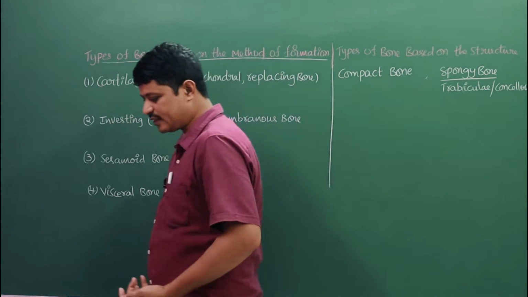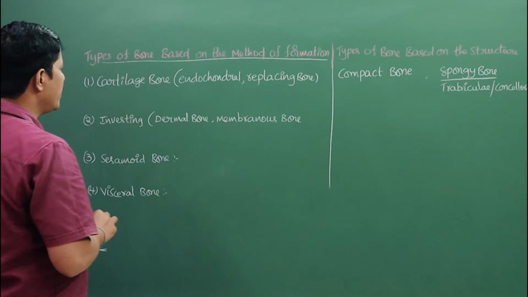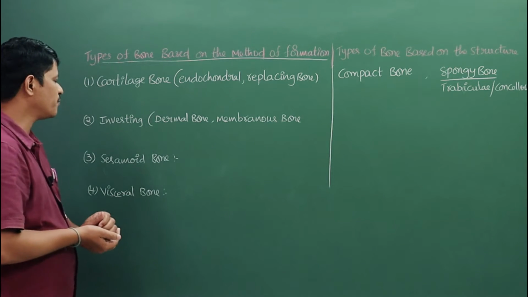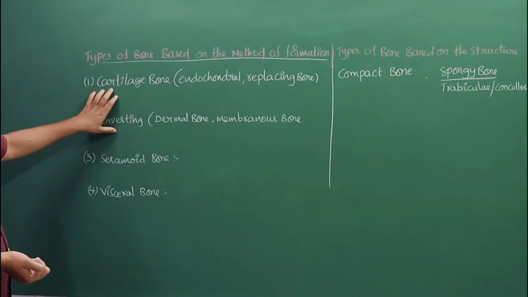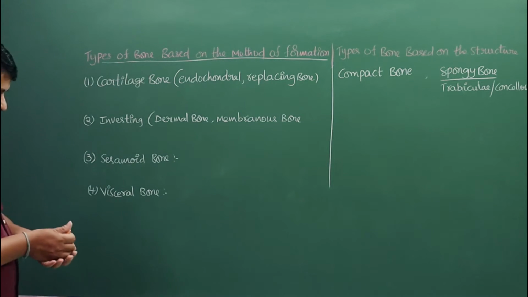So based on the method of formation, the bones are divided into four types: cartilaginous bones, investing bones, sesamoid bone, and visceral bones.